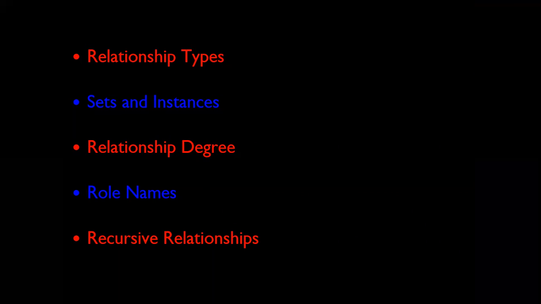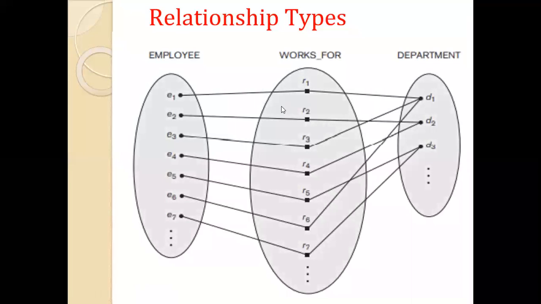To form this association, we need to make use of different types of constraints. Here we will study what is meant by this association, what the constraints are, and how to form the association between the entity types. So let's start with the relationship type. Now here we have two entity types, employee and department.